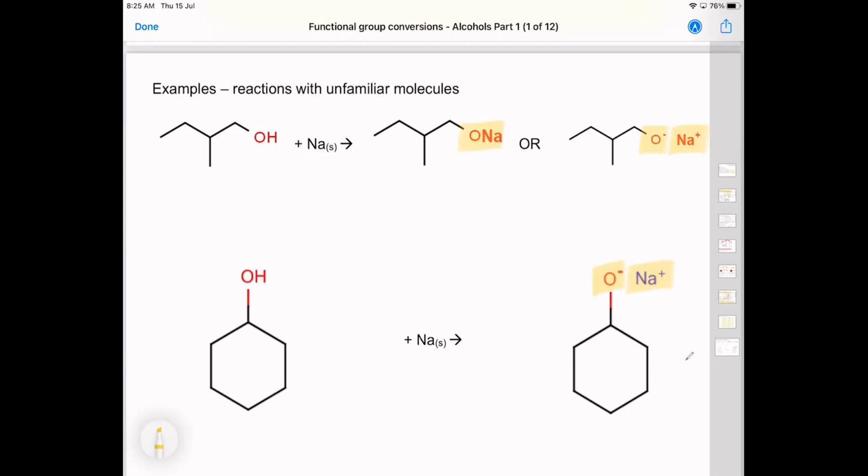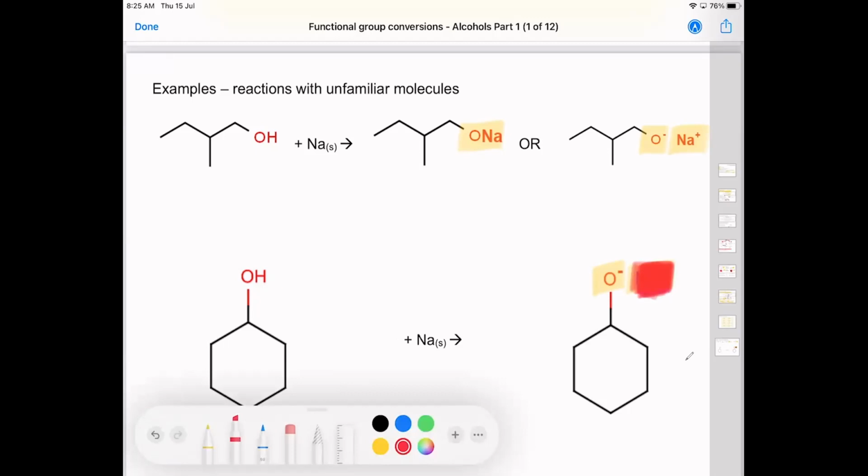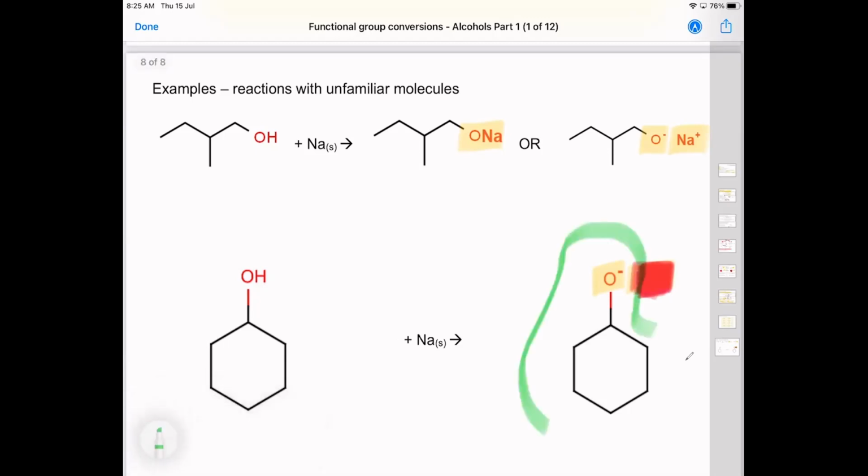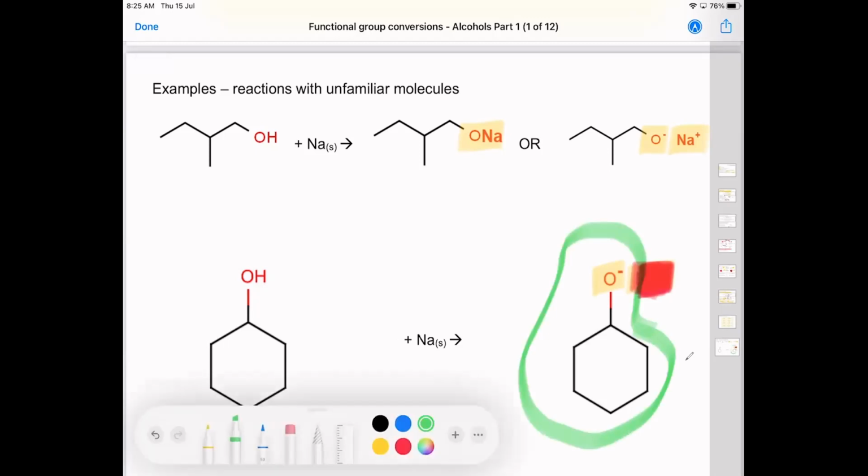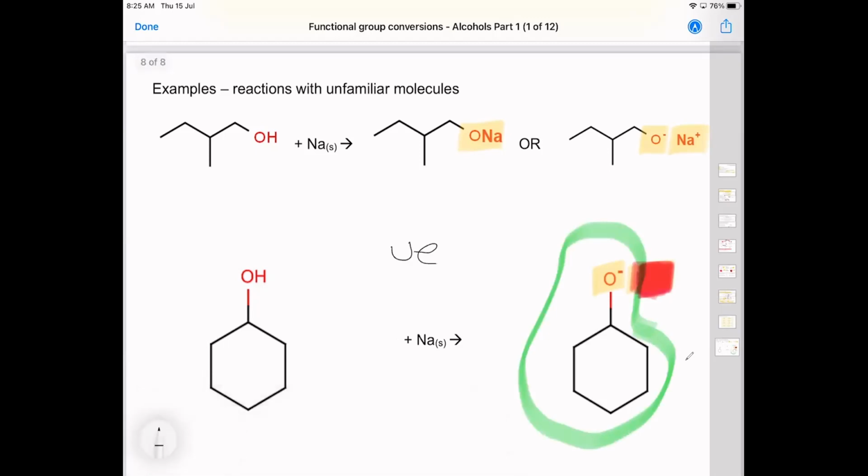But it's also very useful because these become extremely powerful bases. So if you ignore the sodium ion for a second, this molecule here is an extremely powerful base. The reason it's a very strong base is because we broke a very stable bond.